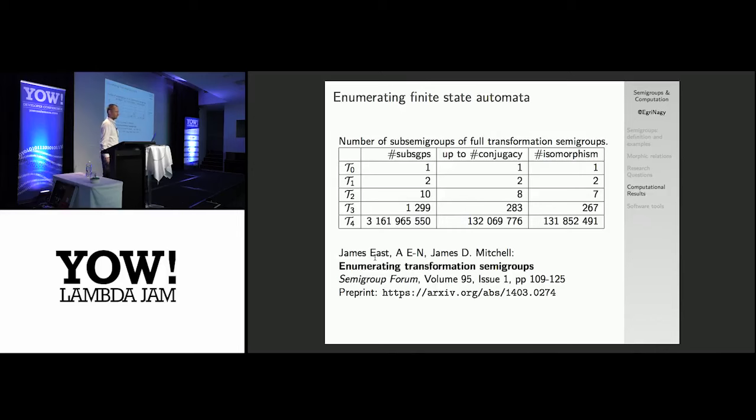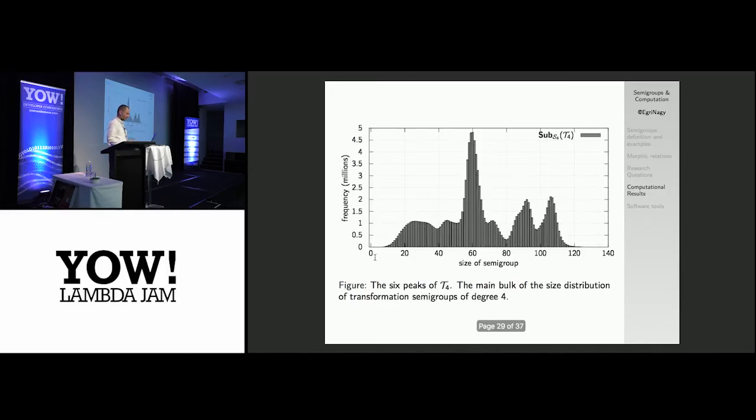So that's the computational power of 4 states. If we draw all these 132 million of them by their sizes, meaning how many possible transformations they contain, then we have this graph, and we just have no idea why we have the 6 peaks and why they have this huge peak.